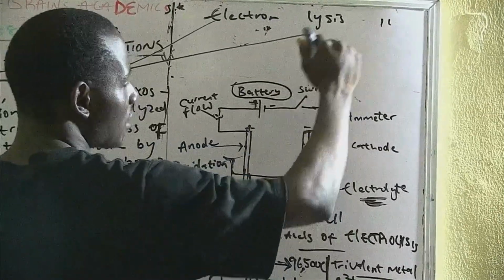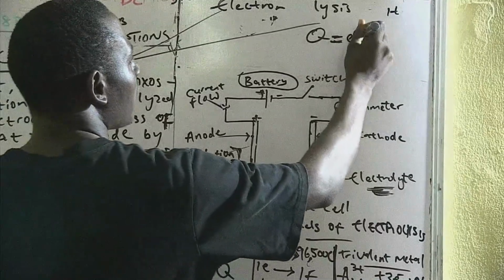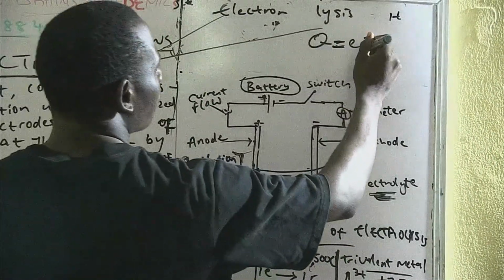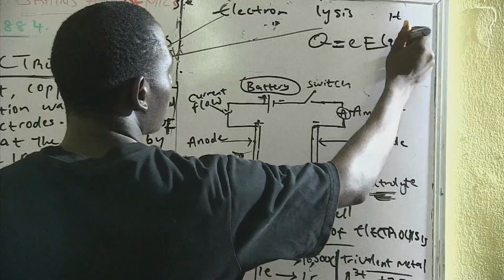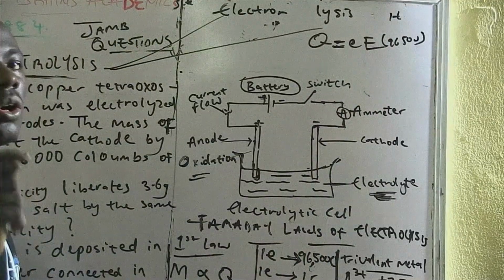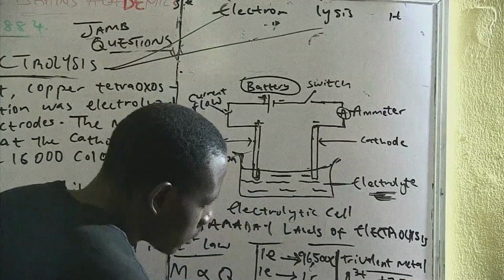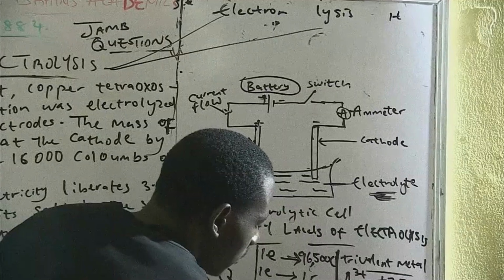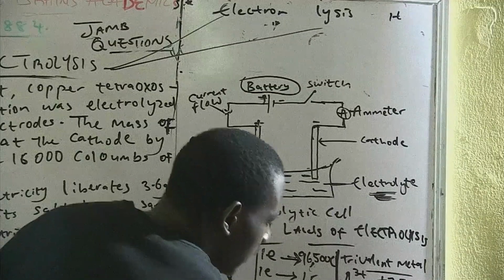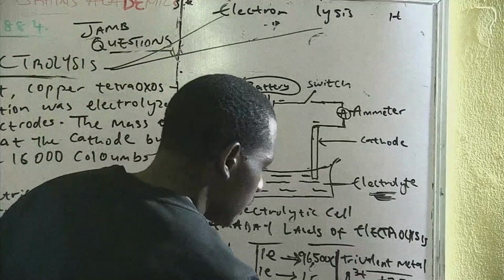You can also have EF, because your Q is determined by Faraday, that's 96,500, and also the charge on the ion. So from there you can have M over EF equals Z. Let's call this equation 3.